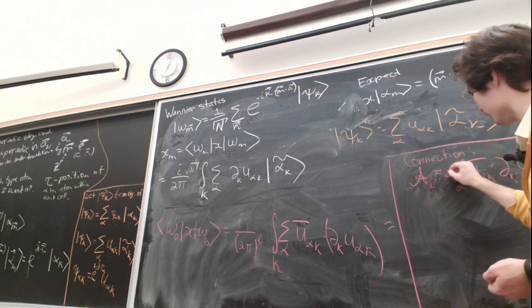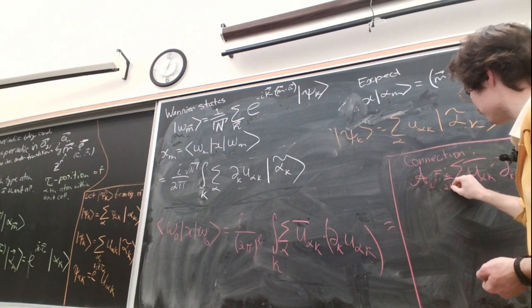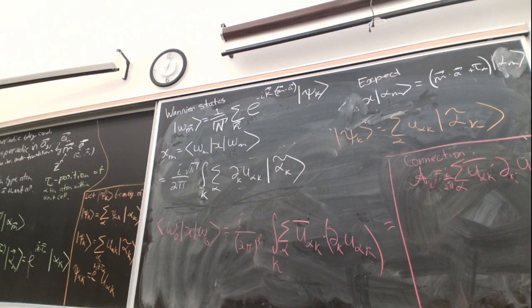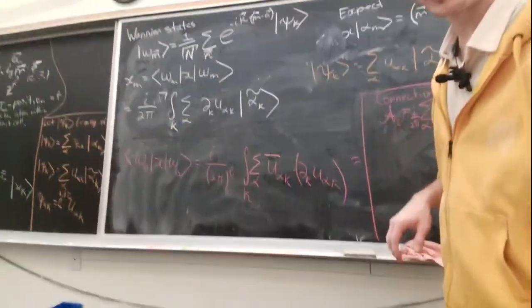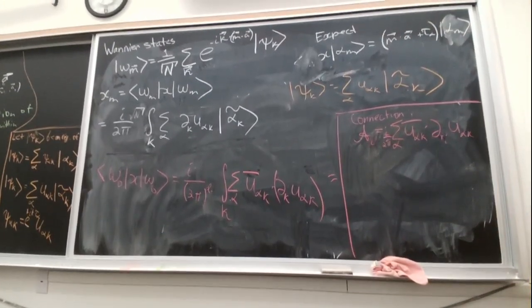There should be an i here, over 2 pi a. Okay, there's definitely an i, but maybe the 2 pi appears elsewhere. This is our connection.